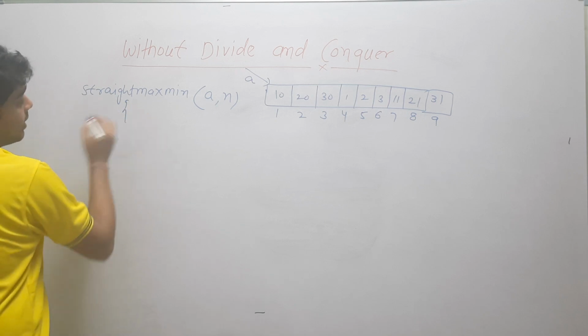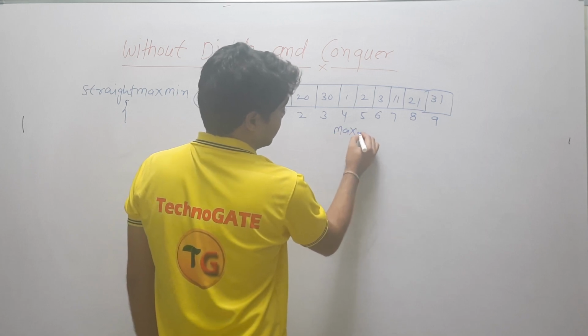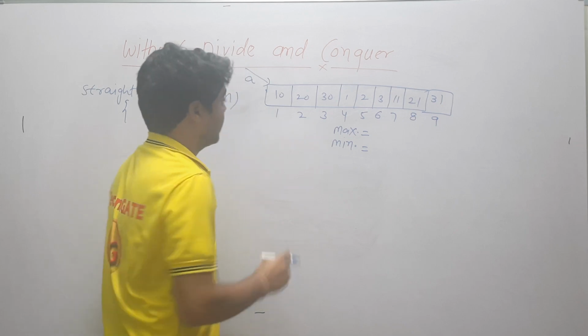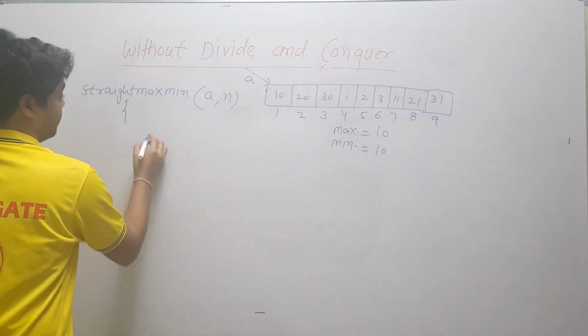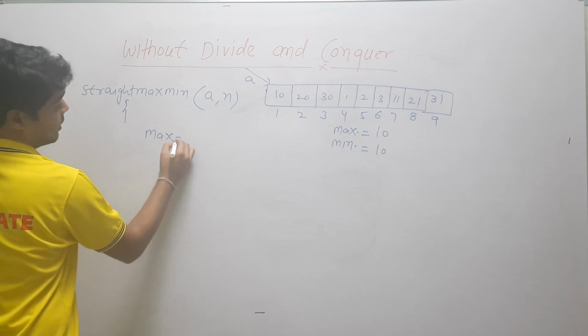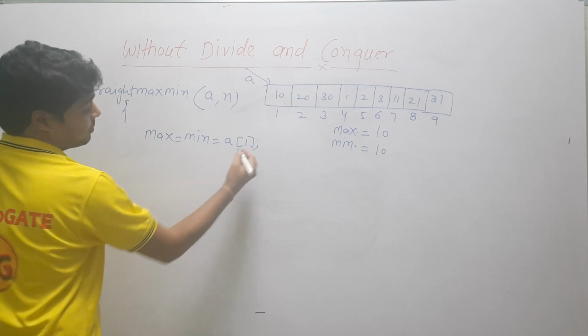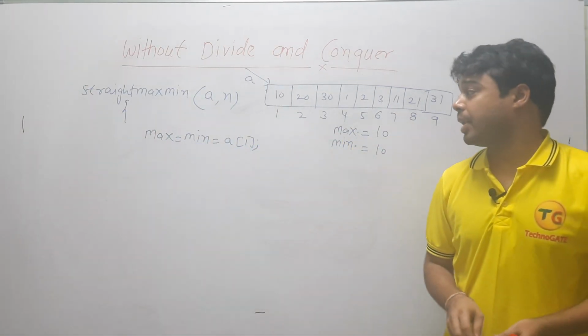So initially, what is the concept here? Assume the maximum and minimum is the first element. What is the first element here? 10. So max equals min equals a of 1. Initially, the first element is the maximum element and the first element is the minimum element here.